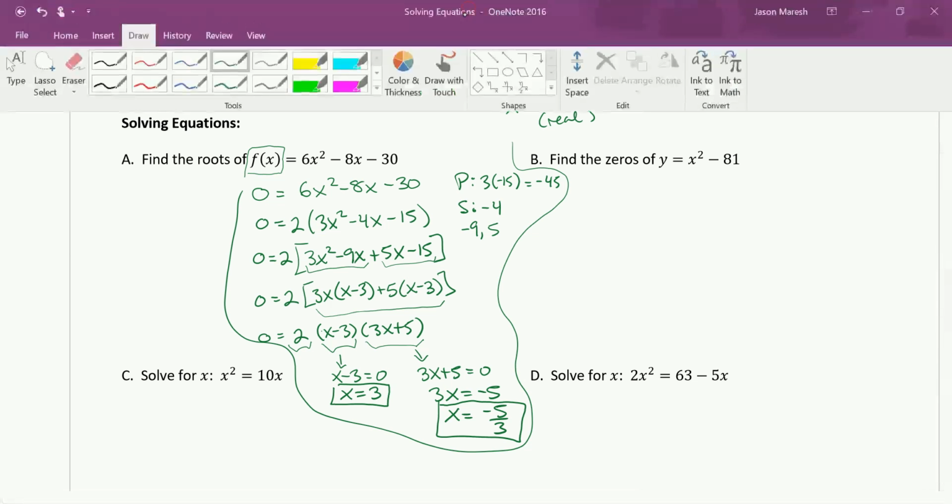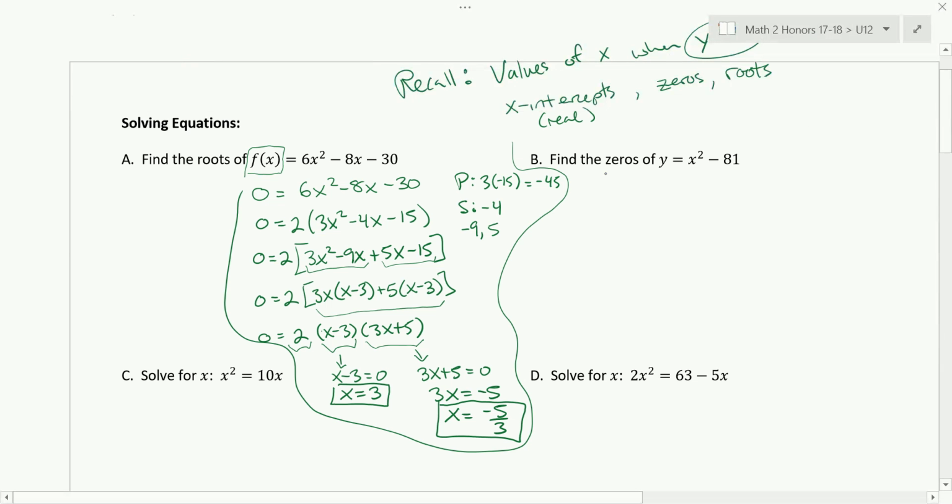All right, part B asks us to find the zeros, and zeros are the same thing as roots. And so you start off by setting y equal to 0, and you look to see, does it factor? Yeah, it's a different kind of factoring. Here we have a difference, a minus sign between two perfect squares.